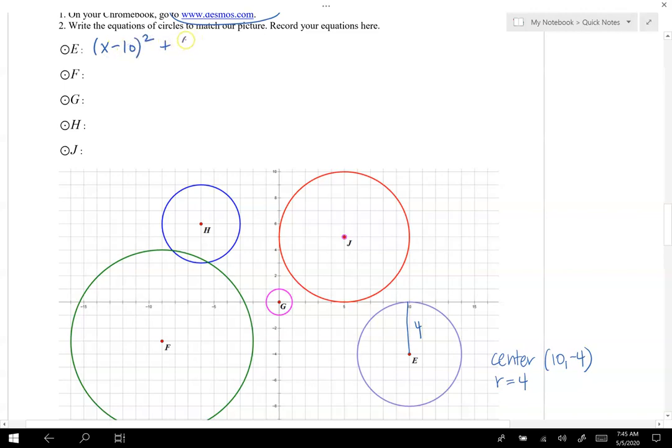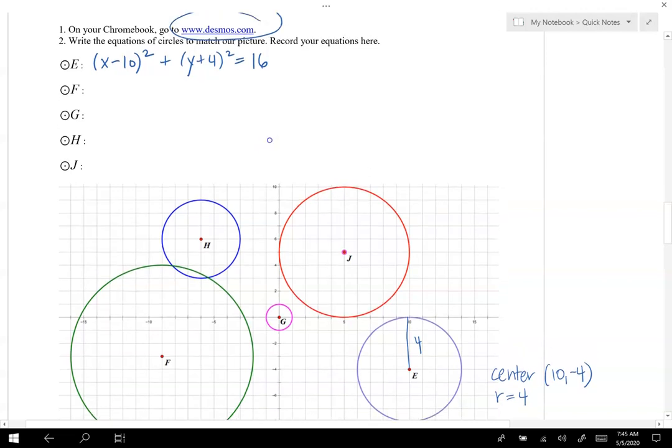When I write my y-coordinate, I put the opposite sign, square it, and then I square my radius. So 4 squared is 16. Like that. All right, so pause here. You could try it again on Desmos.com or just try it by hand here. When you come back, we'll check our answers.